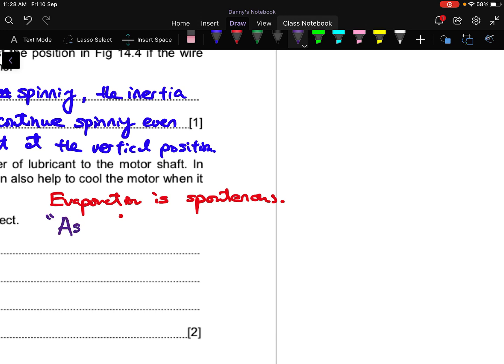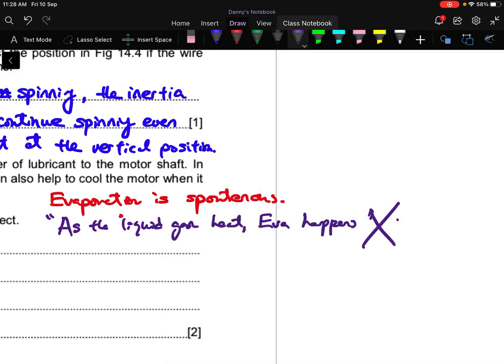evaporation is spontaneous? Well, in some of your answers, you will say something like, oh, as the liquid gains heat, then your evaporation happens. This is wrong. The liquid does not need to gain heat in order for evaporation to happen.